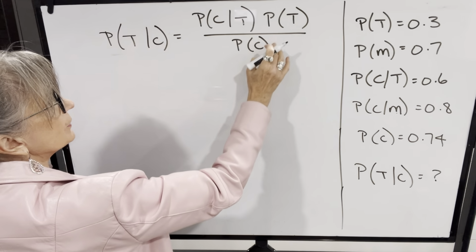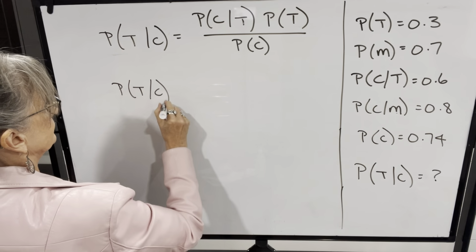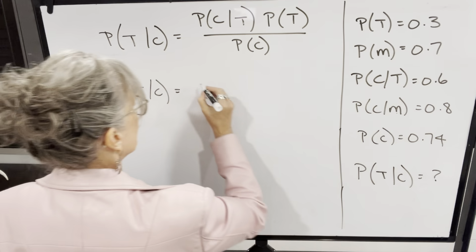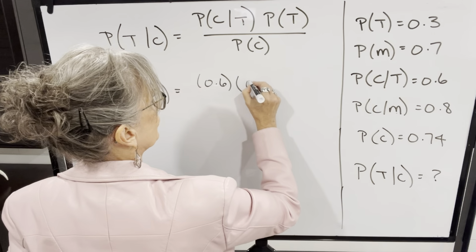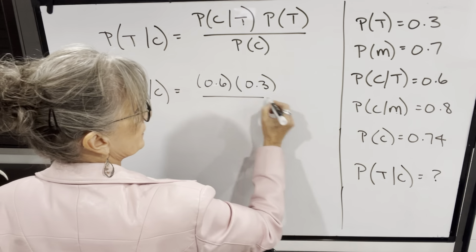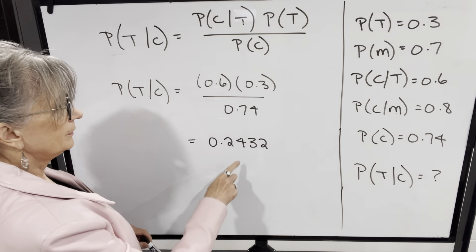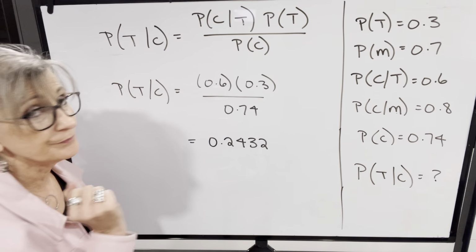We know all of these values now, so we plug in. The probability of correct given that it was true-false is 0.6. The probability of true-false is 0.3. Divided by the probability that it was correct. When we do this calculation, we get 0.2432.